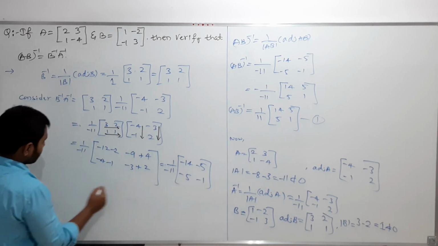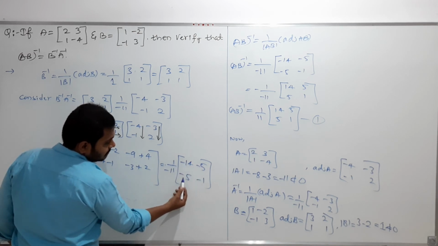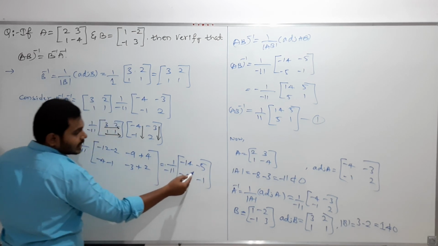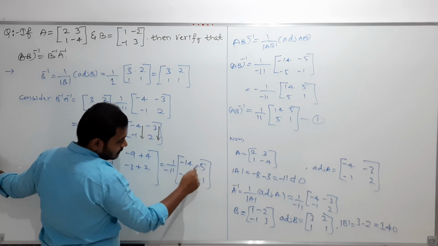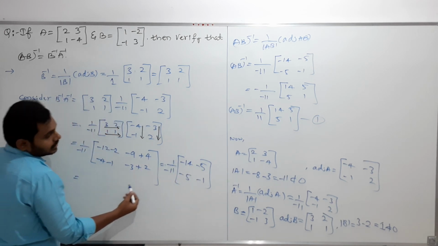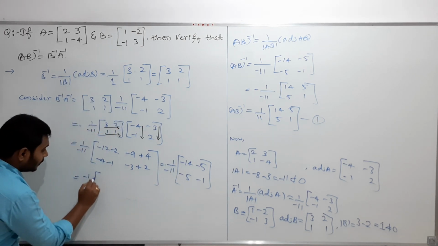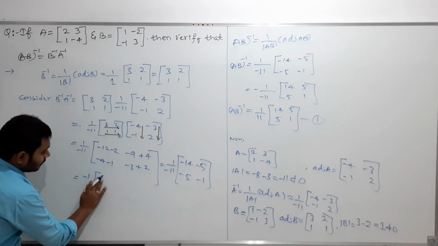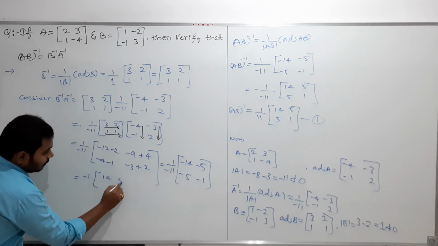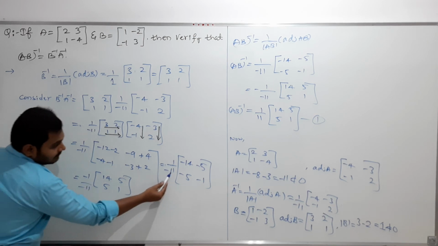Further I will simplify this. Here we have minus 14, minus 5, minus 5, minus 1. So I am taking minus outside from all the elements of this matrix. If I take minus outside, then we get minus 1 into 14 5 5 1, whole divided by minus 11 as it is.